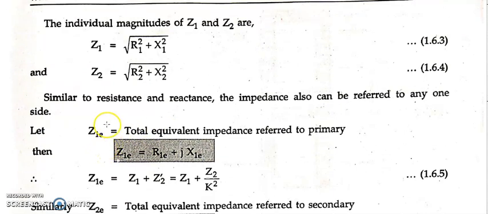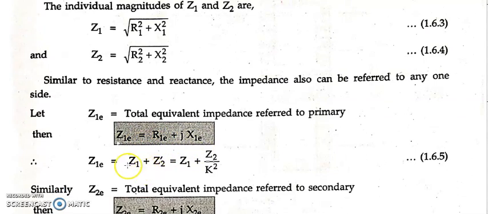Similarly, we have R1E and X1E, that is the resistance referred to the primary and the reactance referred to the primary. If I combine R1E and X1E, I get the total equivalent impedance when referred to the primary. Don't confuse Z1 and Z1E. Z1E is the impedance referred to the primary winding, so it has R1E plus jX1E in it.